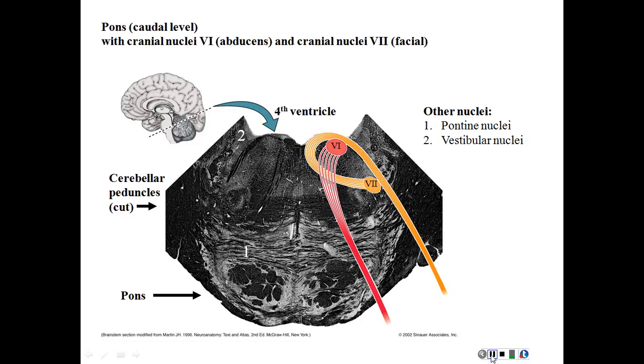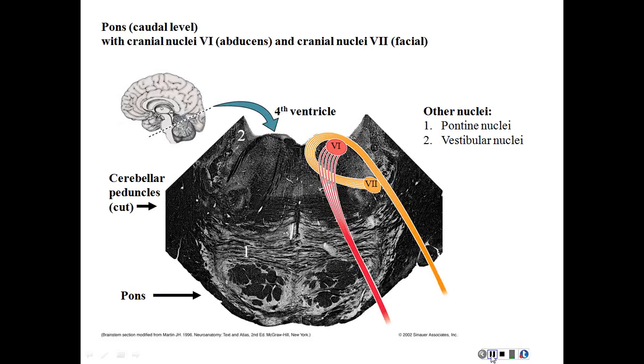Now, we can actually think about their functions. 6 is abducens, and it only innervates the lateral rectus, so it's purely motor. 7 has a lot of motor activity, but it has some parasympathetic, right? It had a little bit of sensory function. It even had taste, right? Clearly mixed.